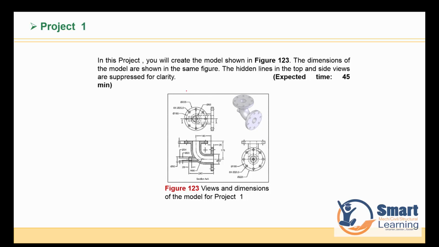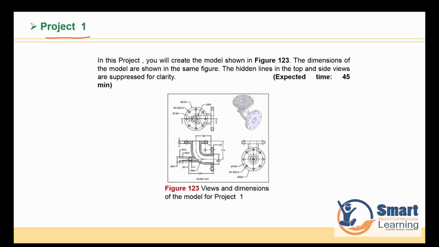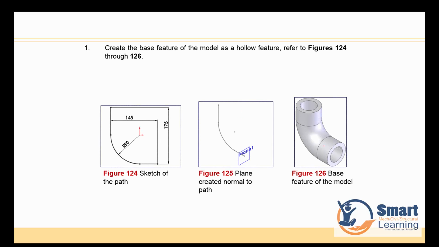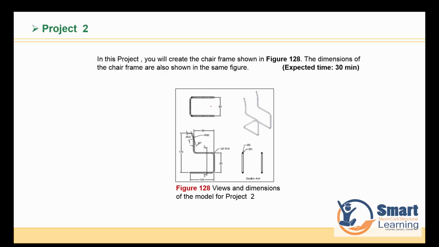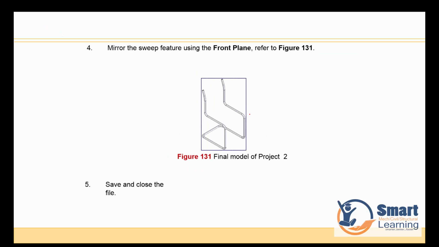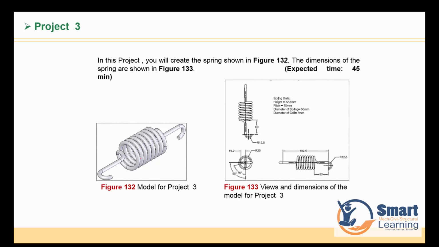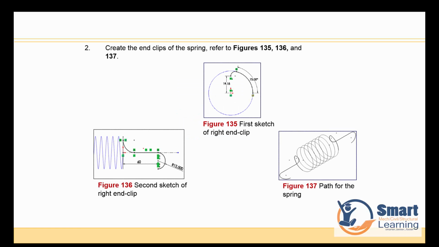And then we'll be looking into this particular project where your task is to create this particular output by using the sweep operation, and the step-by-step explanation will be done. And in project 2 we'll be creating the direct curves, 3D curves, and in project 3 we'll be creating a spring as shown here, and how to create through equations, then transforming that and attaching another curve and getting the final thing done.